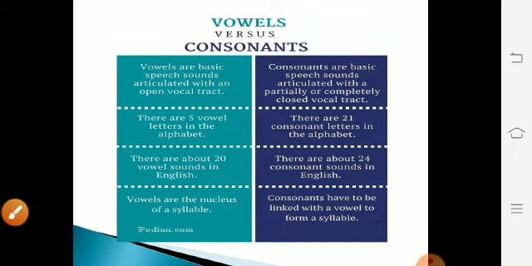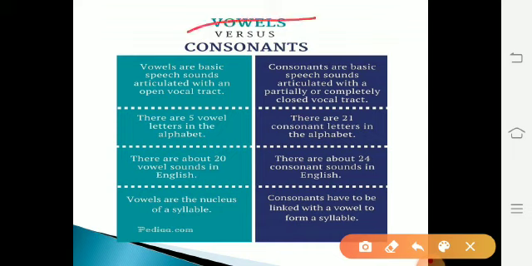Now we are going to look at the basic differences between vowels and consonants. Vowels are basic speech sounds articulated with an open vocal tract.